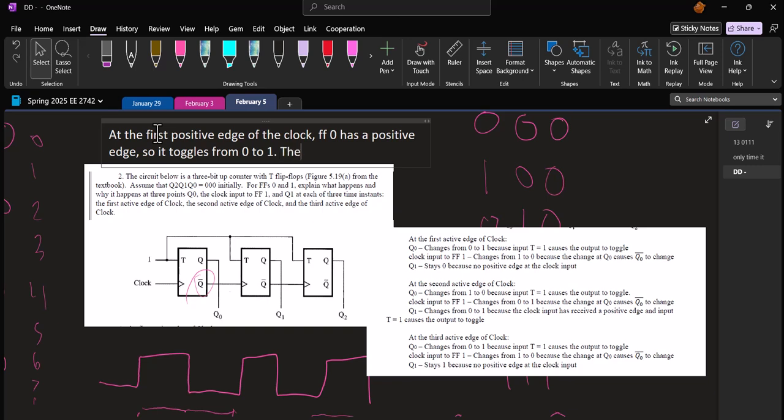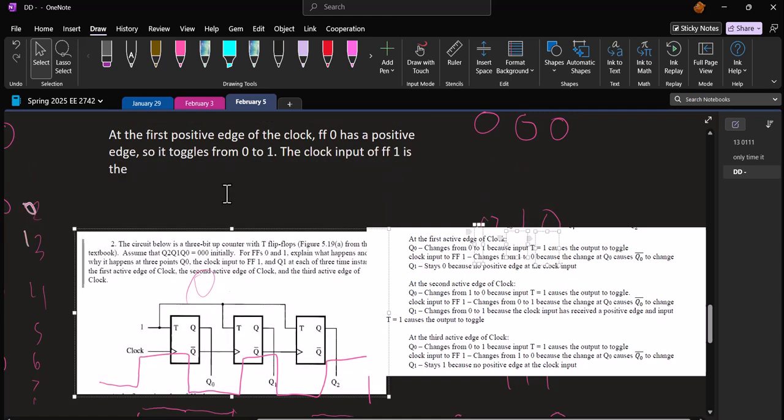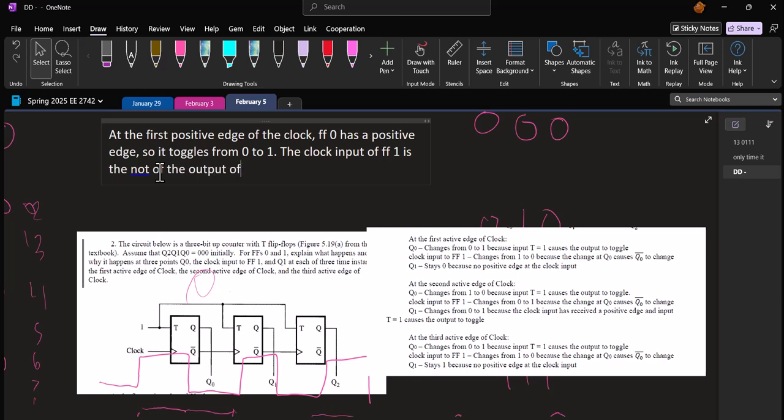The clock input of flip-flop 1 is the not of the output of flip-flop 0.